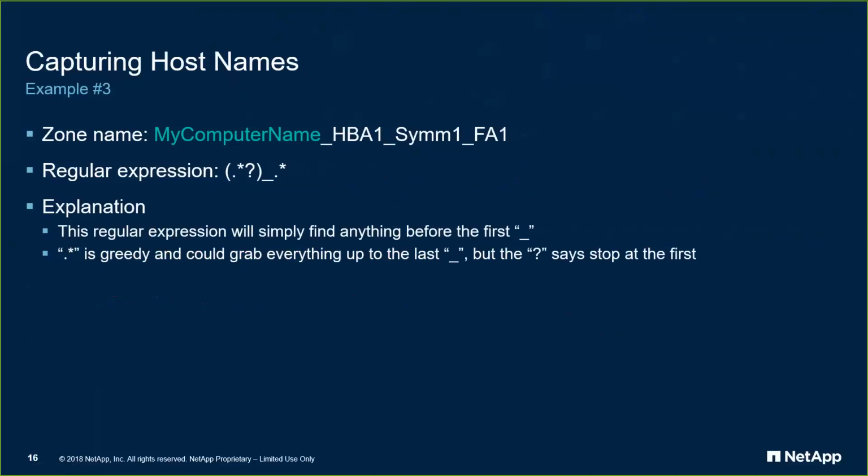This is where we introduce the question mark. It's basically going to force it to stop matching at the first underscore rather than the last. And then the characters underscore dot asterisk match the first underscore found and all characters which follow it. But again, the parentheses indicate which one we're extracting.